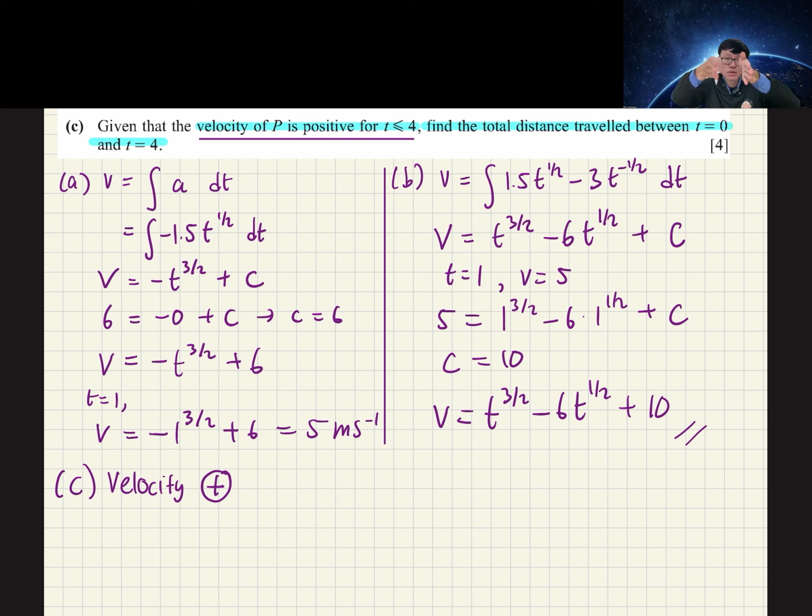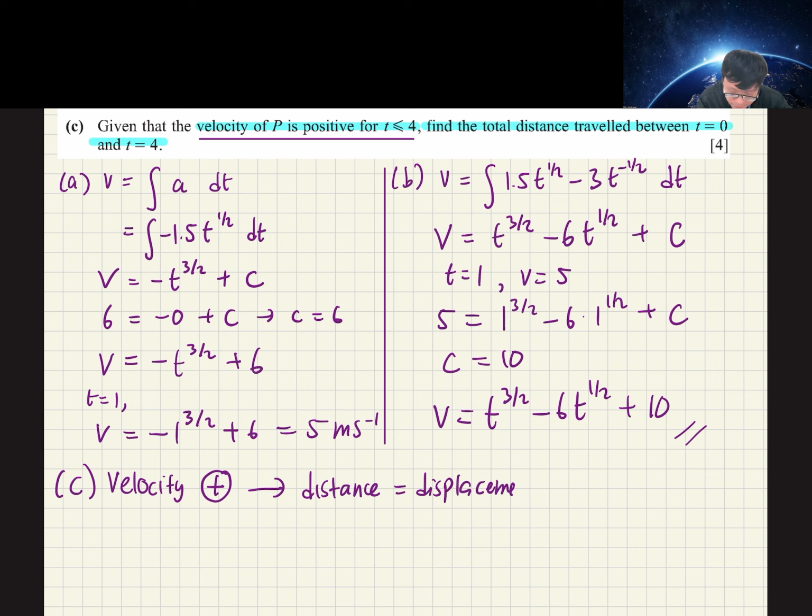So there is no turning back, right? So that means the distance will be equal to the displacement, because velocity is positive, that will give you positive displacement. Always, that means that will be equal to the distance. So whenever the velocity is always positive, the distance equals the displacement.